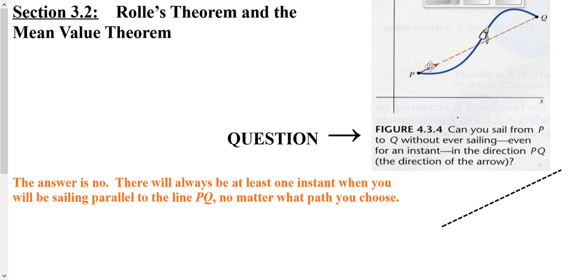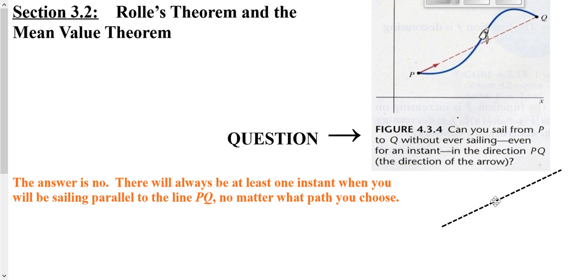I suppose you could go on a straight line to get there, but the boat, being a sailboat, goes in a zigzag or curvy line. So is there any way to be able to go from P to Q without ever sailing in the exact same direction?